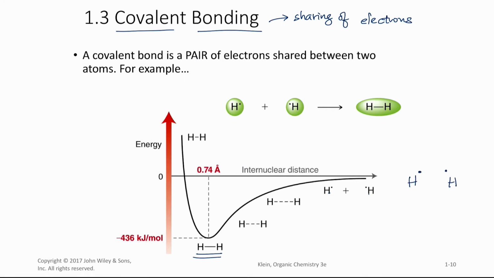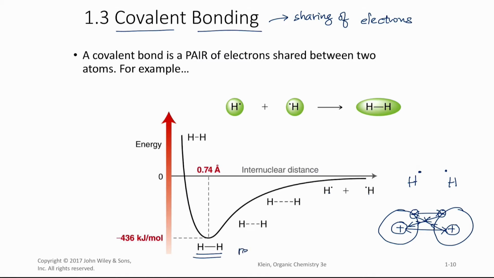As they come closer and closer, notice that there is a proton in the center with an electron in its outer orbital, and the same for the other. Protons repel each other, and electrons repel each other. But a positive charge and a negative charge attract each other.